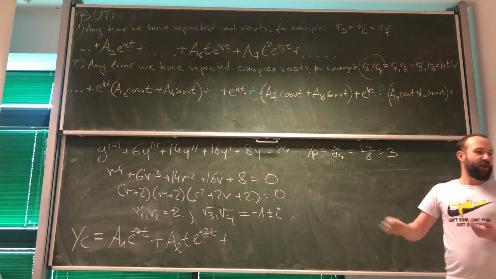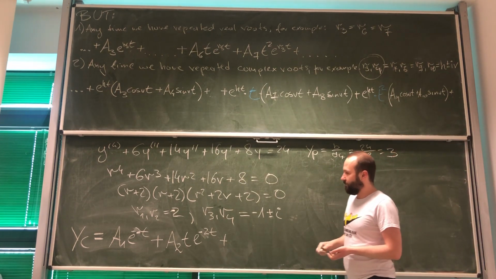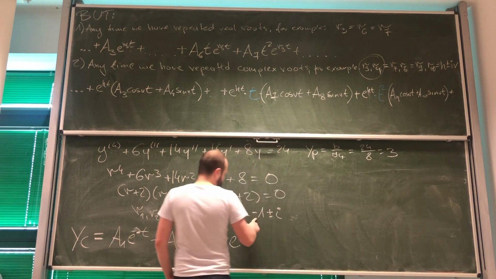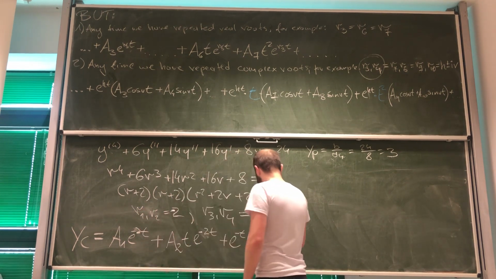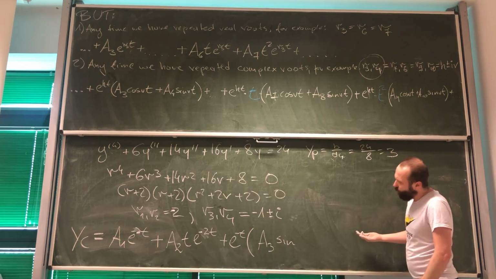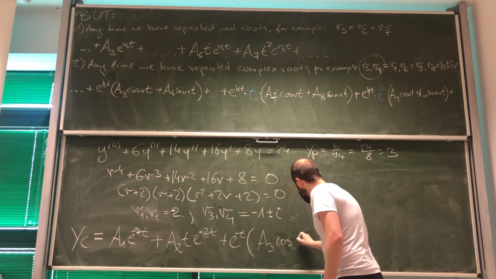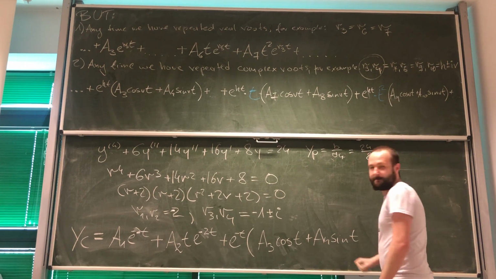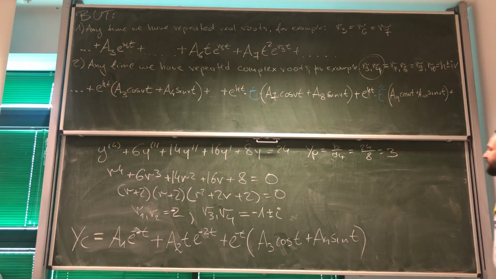If we've got a complex root, but not repeating, we will have e to the power of h t, which is equal to e to the power of -1 times t, times a3 cosine t plus a4 sine t, since v is just 1. And this is it.